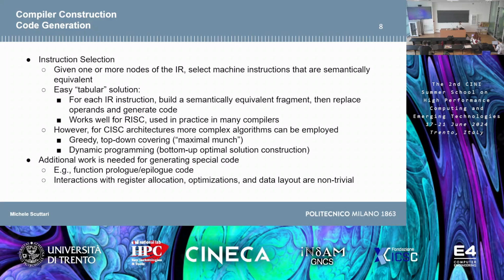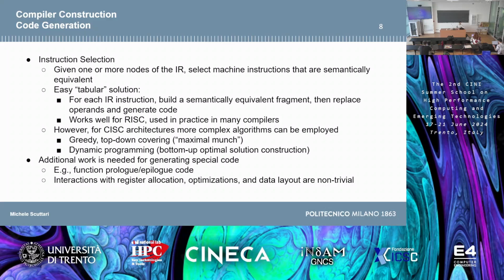So what is done is typically to use a tabular approach to code generation, where you have a list of IR instructions and a list of corresponding fragments of code, where you only need to replace the operands with the correct registers and memory locations. And that's all. However, for more complex architectures, like CISC architectures, x86, this may be suboptimal.